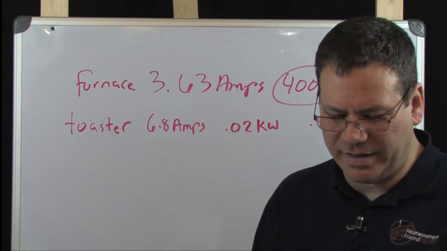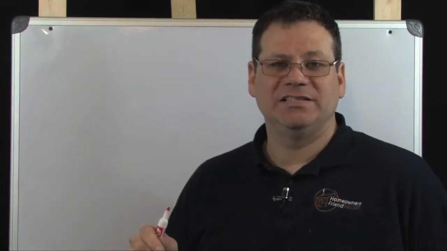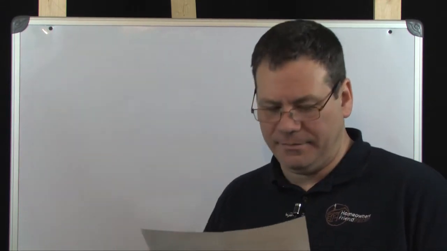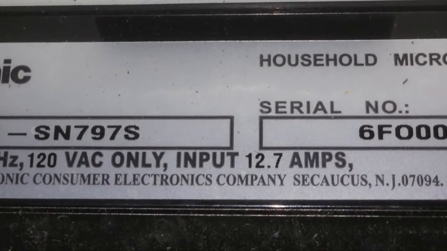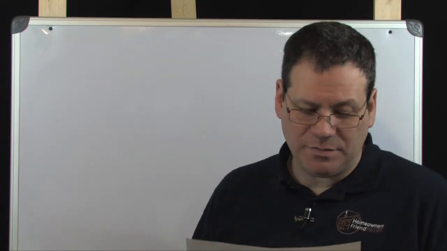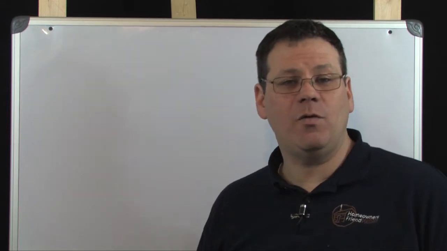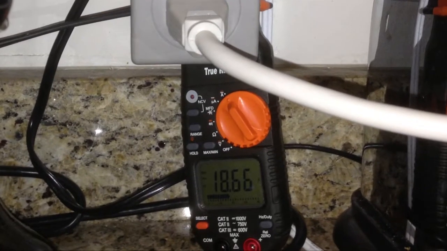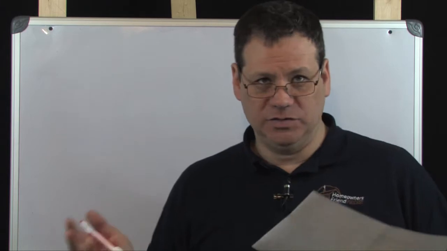Now our microwave is interesting because it's a Panasonic inverter microwave, and according to the label inside, it's supposed to draw a maximum of 12.7 amps. If you multiply that by 120, it's 1,524 watts. Well, I hooked the kilowatt meter up to it. It was reading 1,800 watts and flashing, because 15 amps is the max it can read. So it's probably reading more than that.